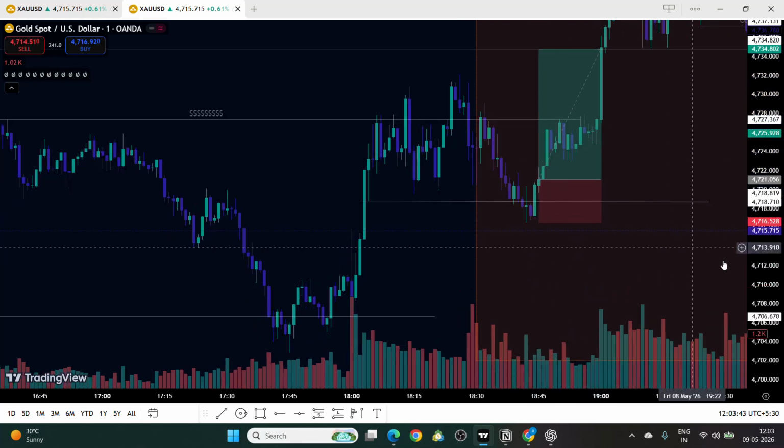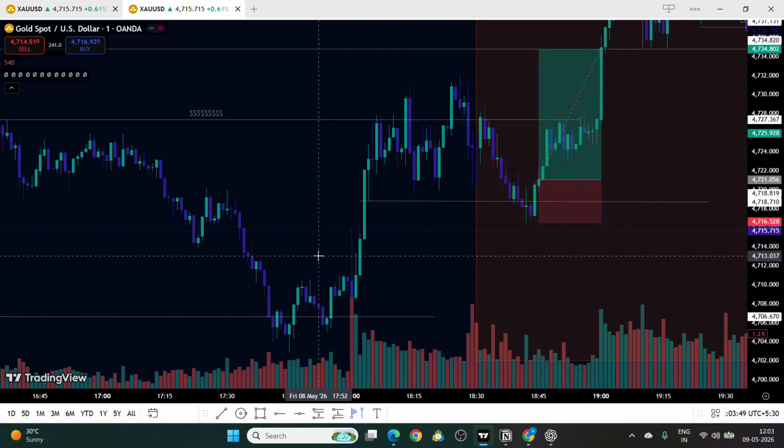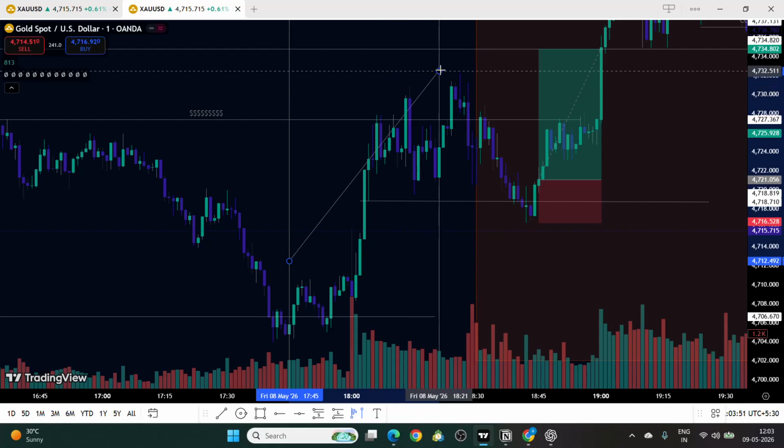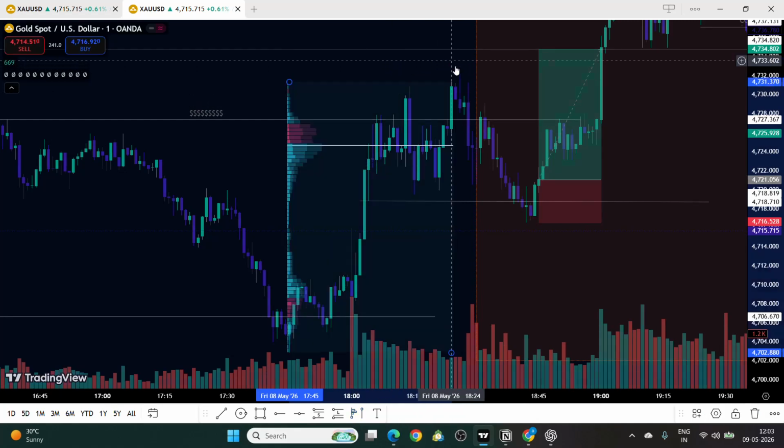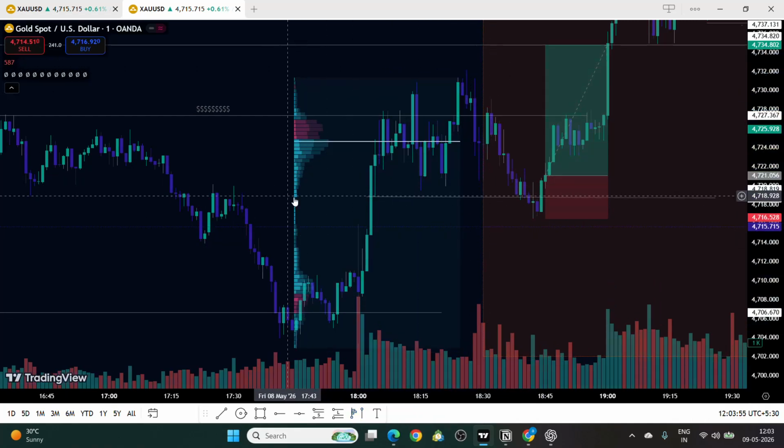But how the market will move during this, I will also explain using the concept of volume profile. If you see here, the buy orders, I just want to show you only this area, till this area the market will move slowly.